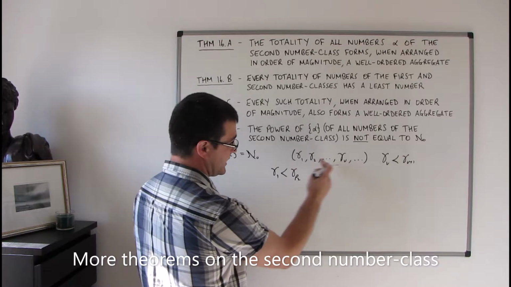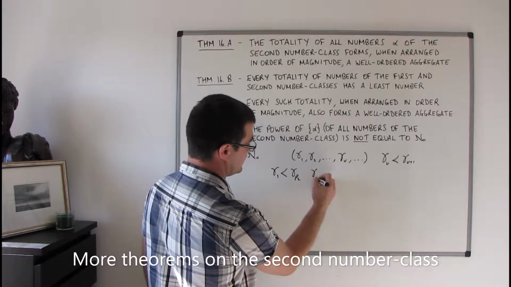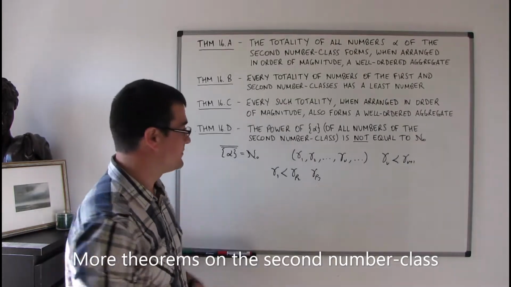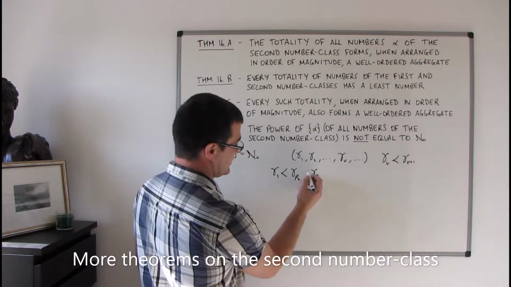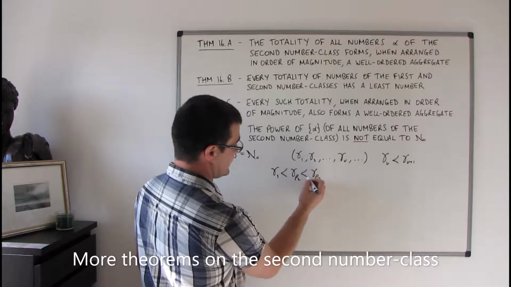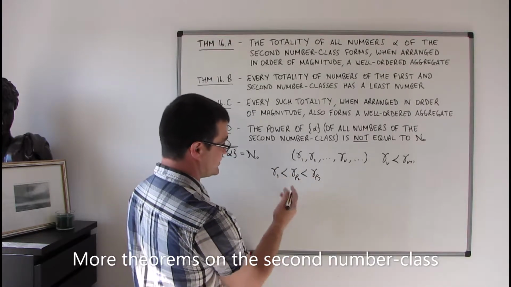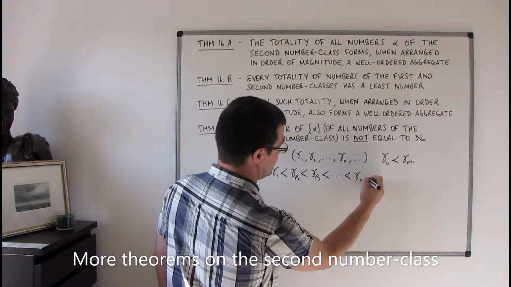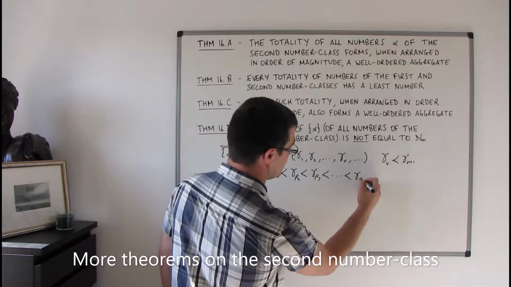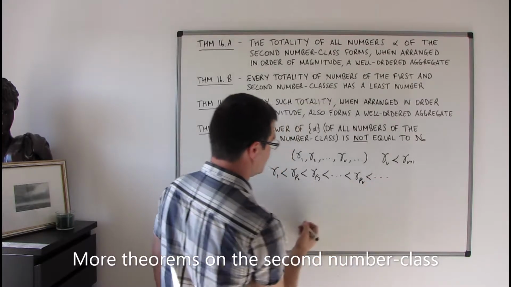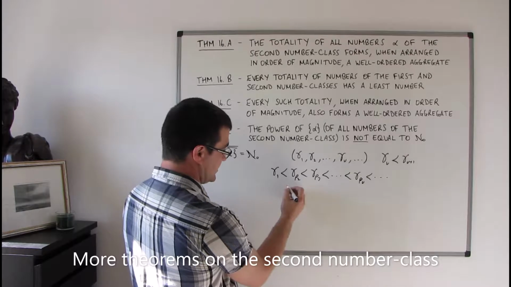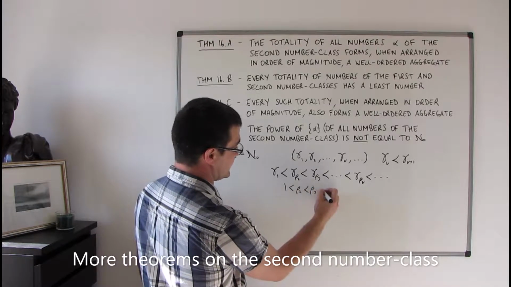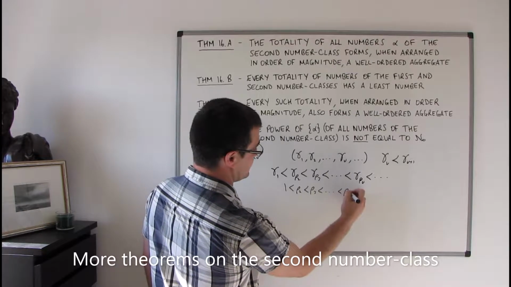And then we're going to go along again until we get to the least index rho 3, such that gamma rho 3 is greater than gamma rho 2, which in turn is greater than gamma 1, and continue this process, gamma rho nu, etc. And it's also going to follow that 1 is less than rho 2, is less than rho 3, less than rho nu.